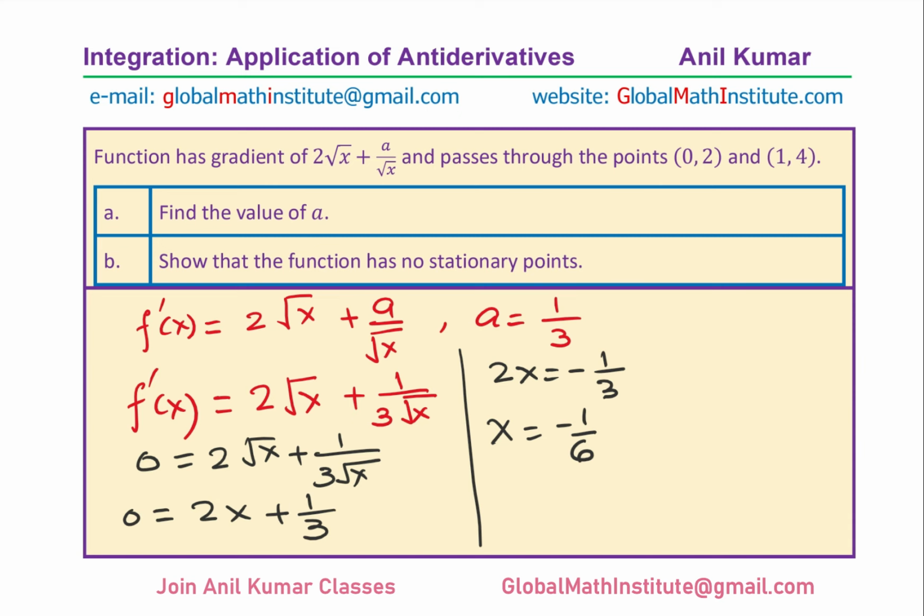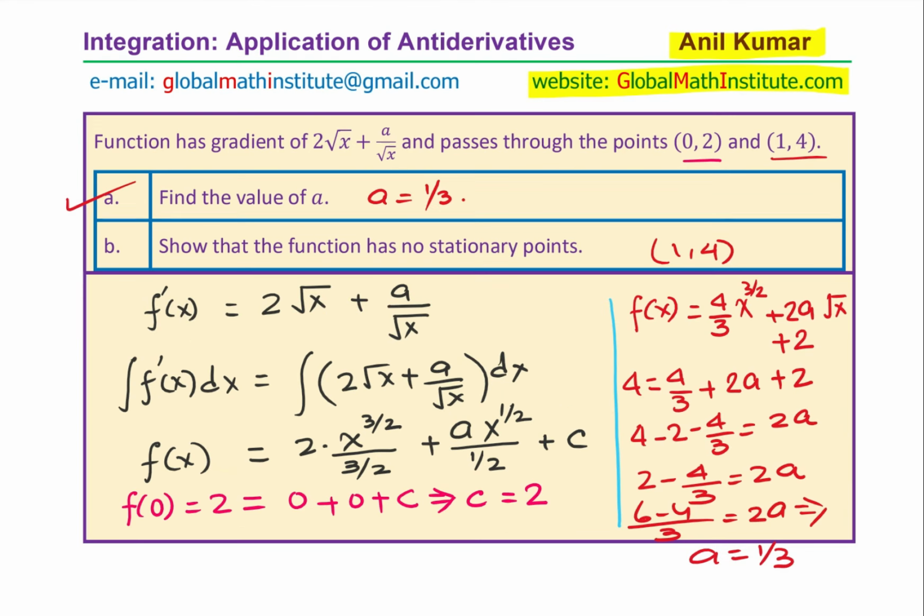However, if you look at the function itself, then the restriction is that x should be greater than 0, correct? x cannot be a negative value, right? As you can see, the function which we got had 2a square root x, right? So 2a square root x means that the x value has to be greater than or equal to 0, right?